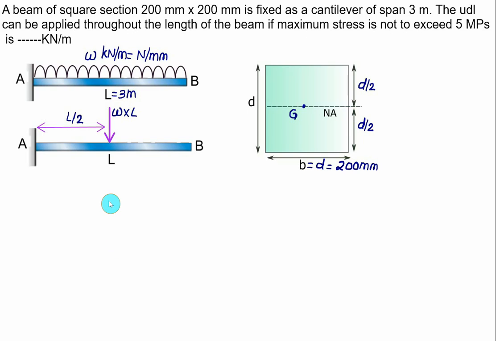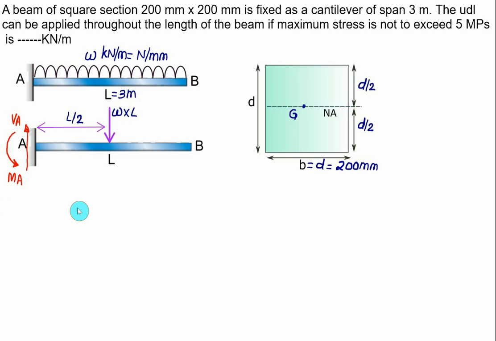Now the force is acting downward, so we assume here a shear force acting at point A vertically upward, and the moment of this point load, the equivalent of the UDL, is clockwise, so we assume here anti-clockwise. So this one is the moment at point A.